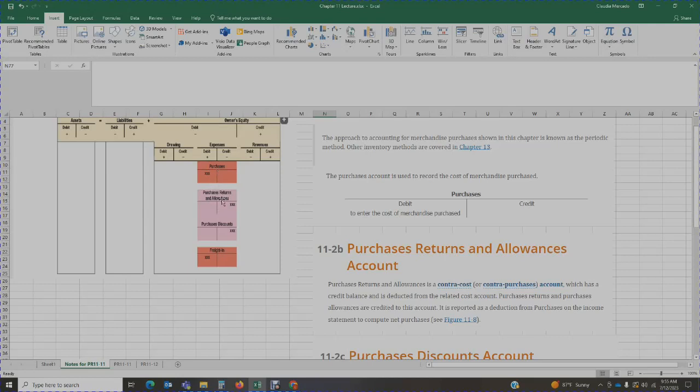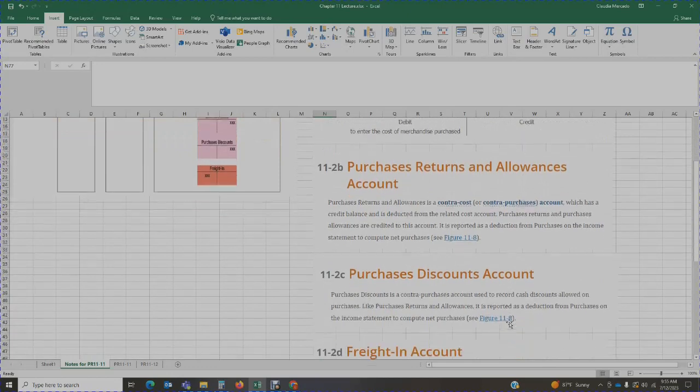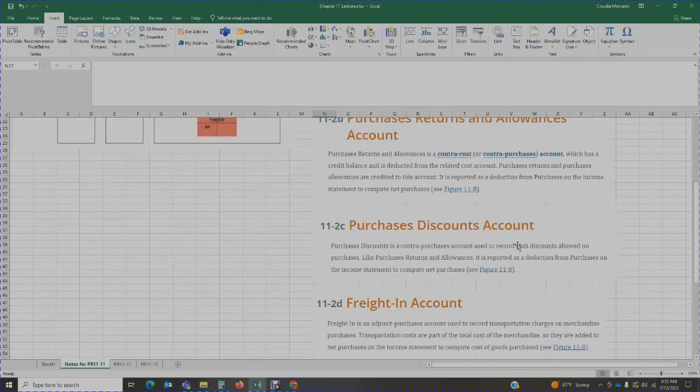Purchases minus purchases, returns and allowances will give you your net purchases. For the purchases, returns and allowances, the normal balance is a credit. It is reported as a deduction from the purchases on the income statement to be able to compute your net purchases.